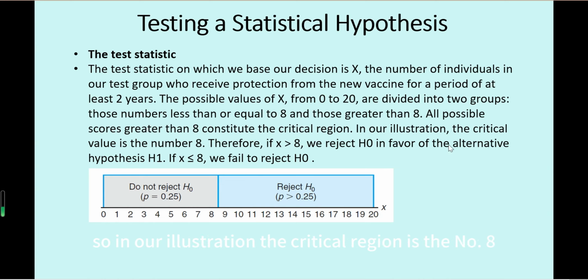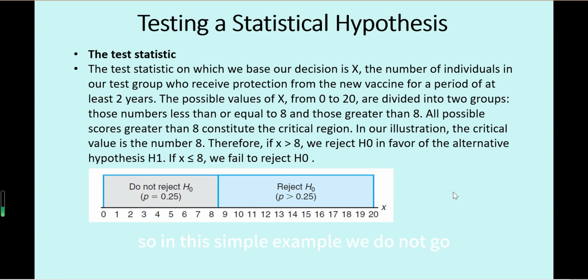So in our illustration, the critical value is the number 8. Therefore, if X is larger than 8, we will reject H0 in favor of the alternative hypothesis H1. If X is less than or equal to 8, we fail to reject H0. So this area we do not reject H0, and this area we reject H0.